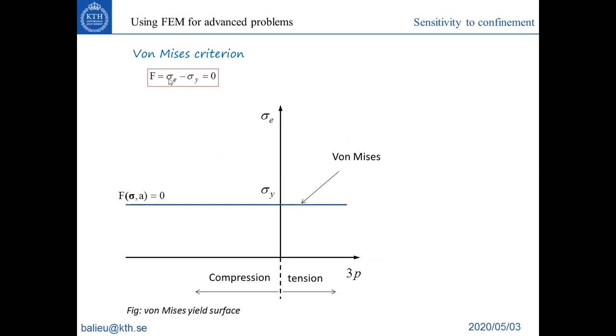This was the von Mises equivalent stress that I presented you last week, and it is plotted as a function of the hydrostatic pressure, P. If you remember, the hydrostatic pressure was the trace of the stress tensor. That means the sum of all the terms on the diagonal of the stress tensor.